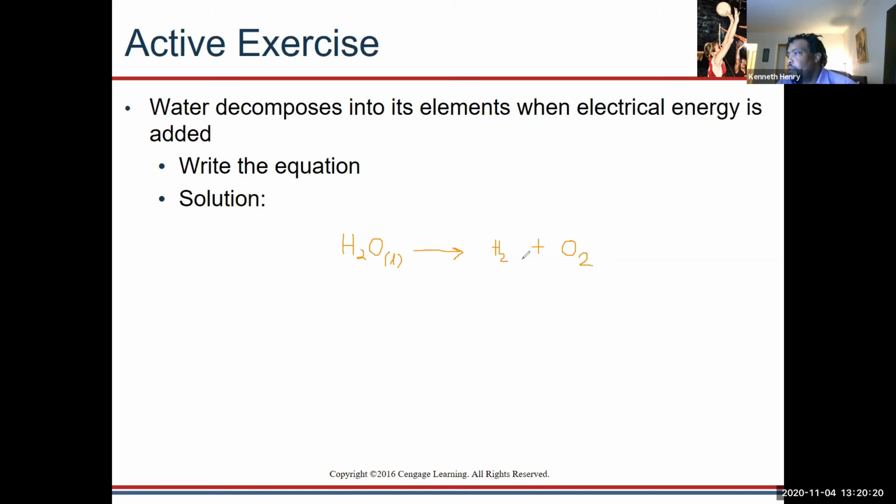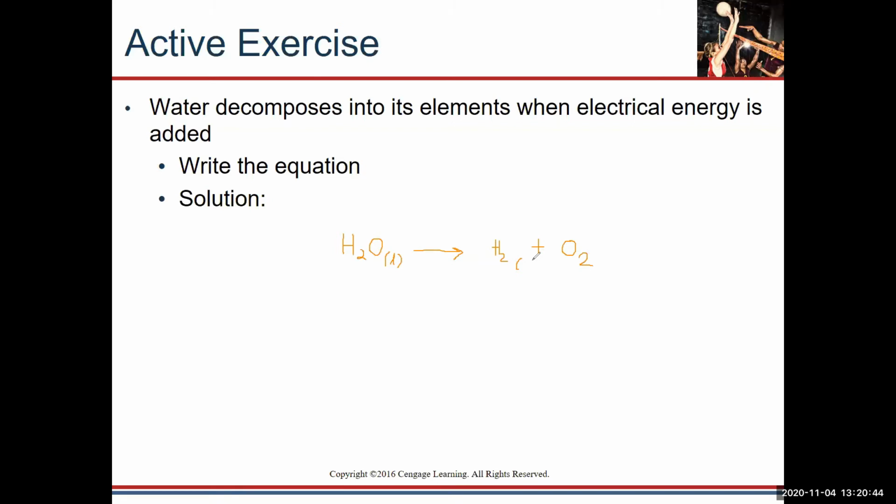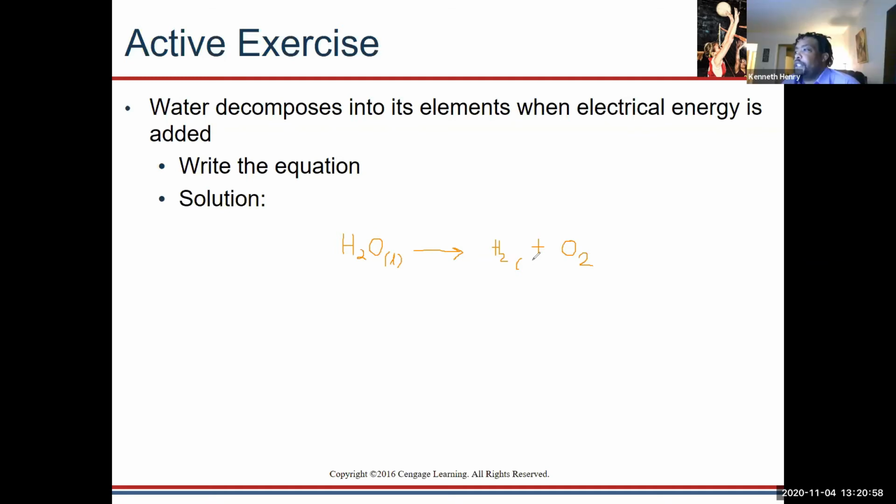Okay. So, what are the subscripts, Alan? Subscripts.